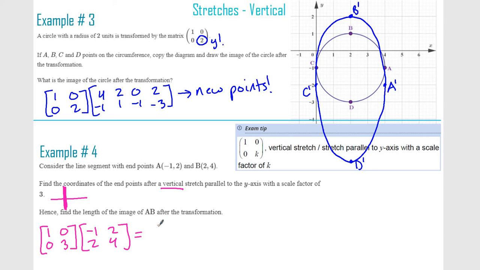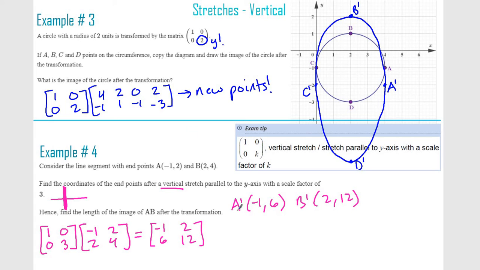Let's see, it looks like they didn't even finish it on Cognity. Oh, sorry. -1, 6, 2, 12. Okay, so yeah, it didn't finish it. So the new points are -1, 6, and 2, 12.